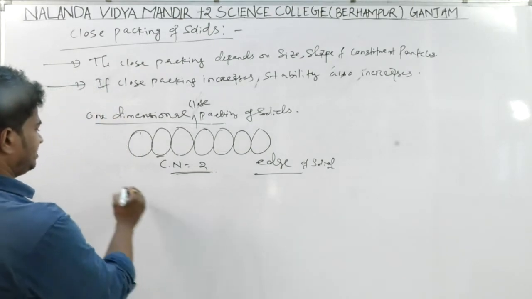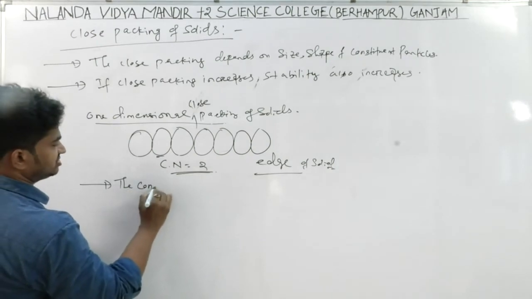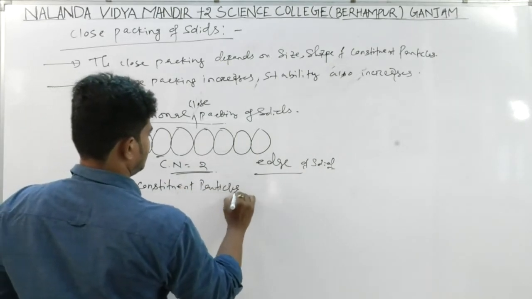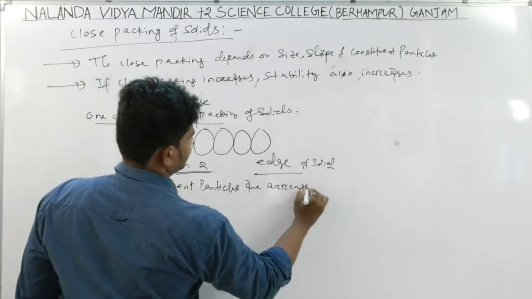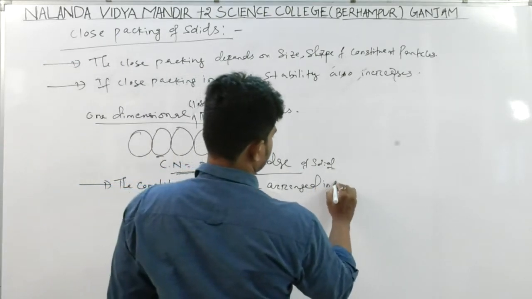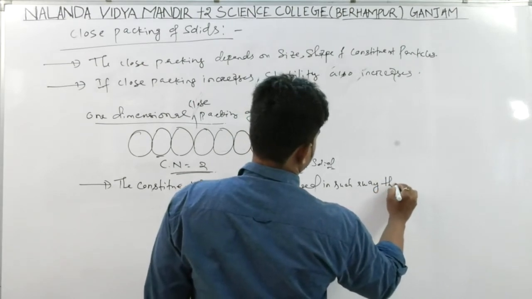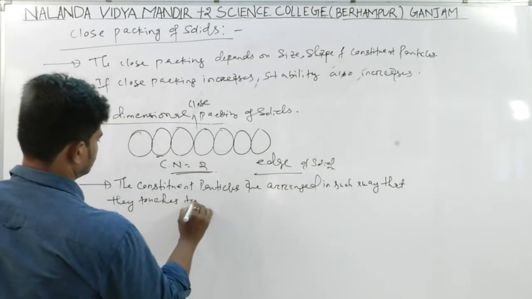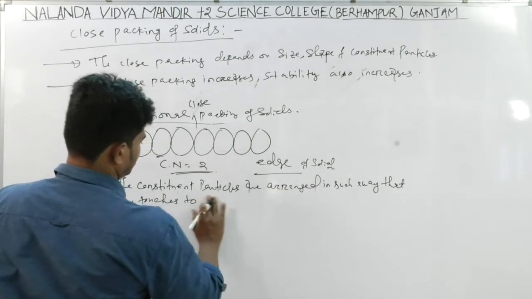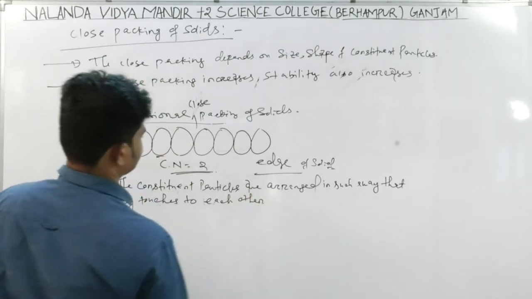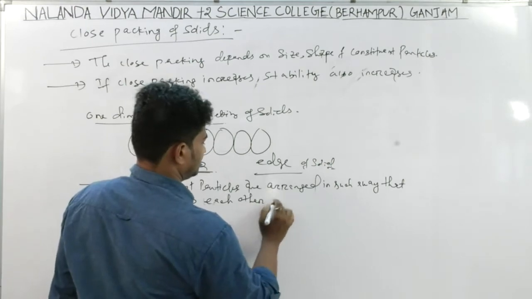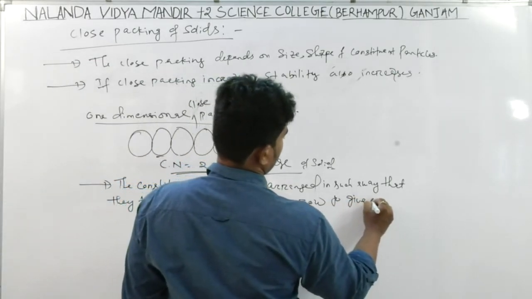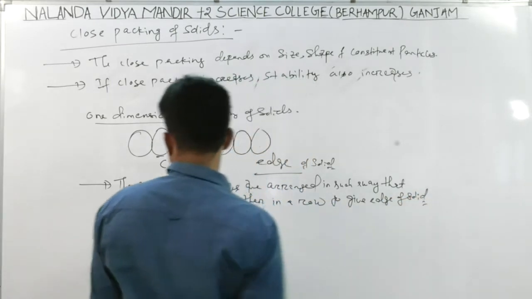In a descriptive way we can write: the constituent particles are arranged in such a way that they touch each other, they touch neighboring atoms, in a row, to give an edge of the solid.